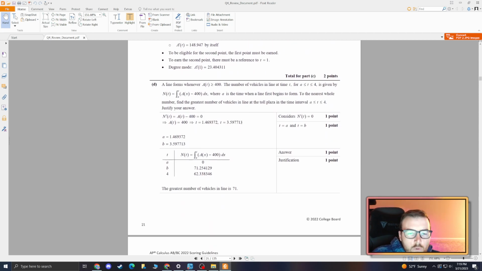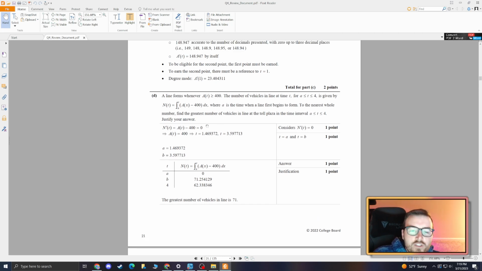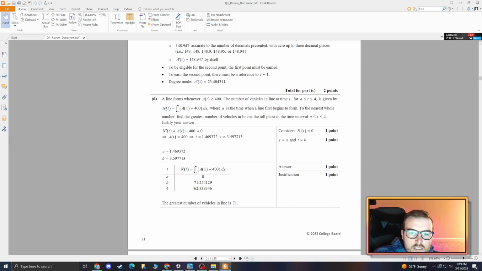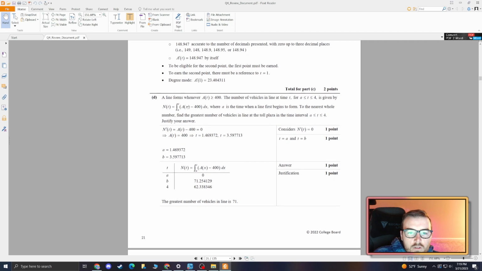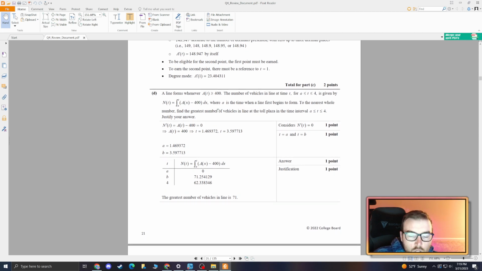A line forms whenever the function that we've been discussing is greater than or equal to 400. The number of vehicles in line at time t between A and 4 is given by this. So this is the number of vehicles in line, where A is the time when a line first begins to form.